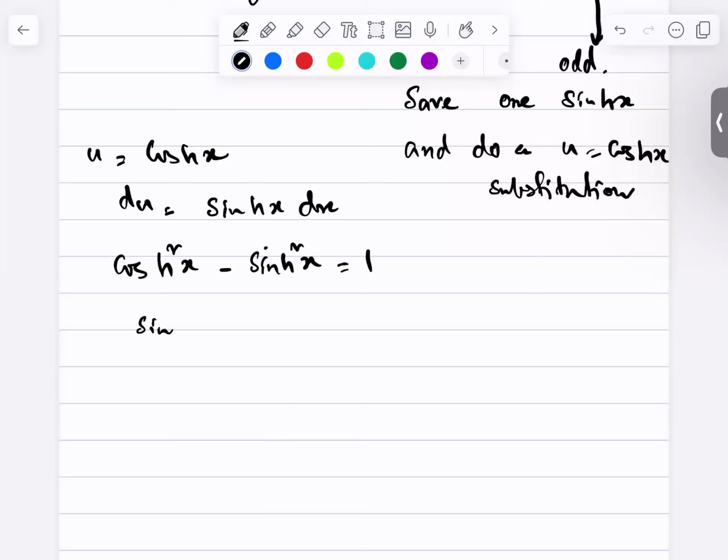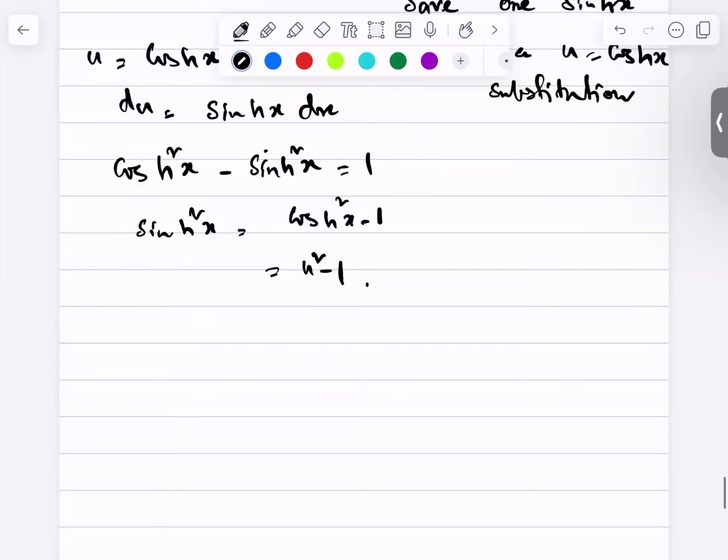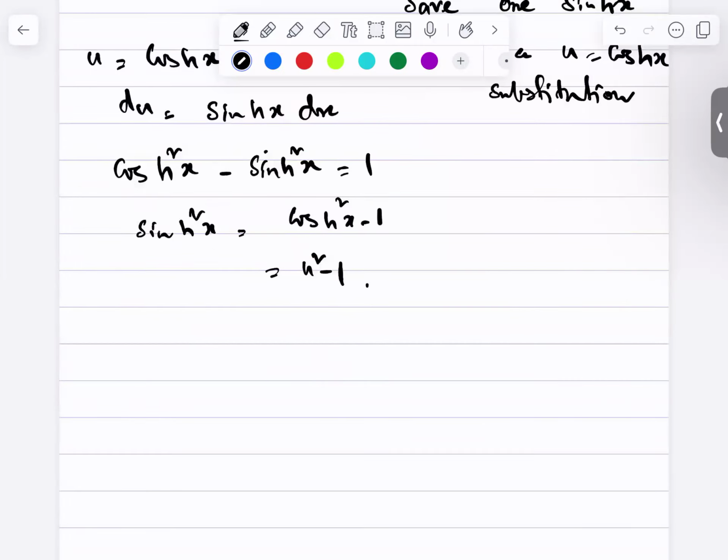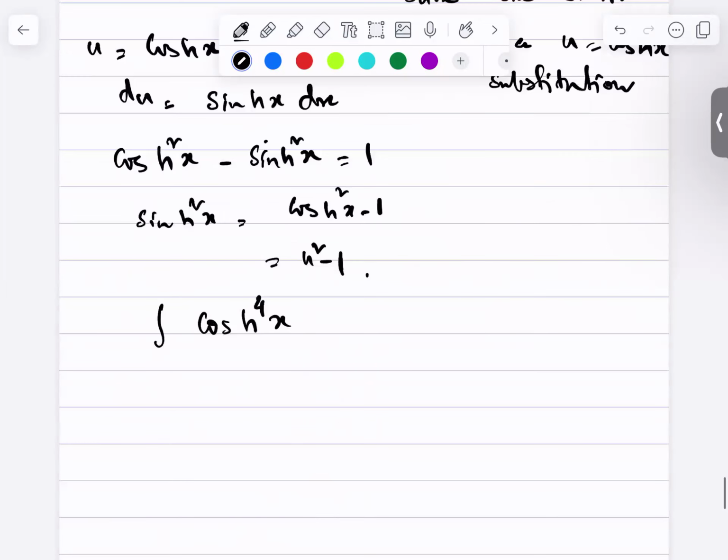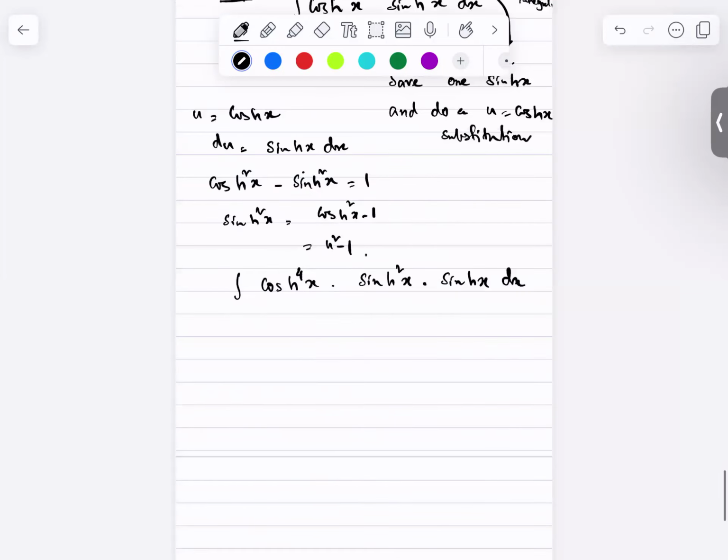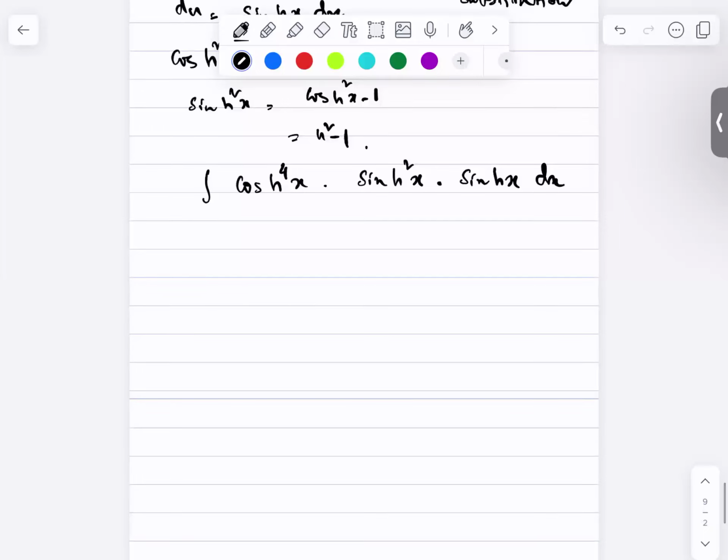So sine hyperbolic square x is just cosine hyperbolic square x minus 1, which is u square minus 1. Now put everything in the integration: cosine hyperbolic to the 4 x times sine hyperbolic square x times sine hyperbolic x dx.